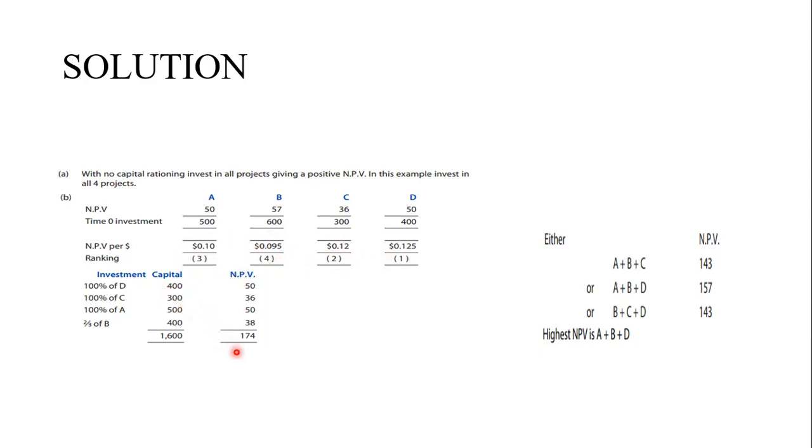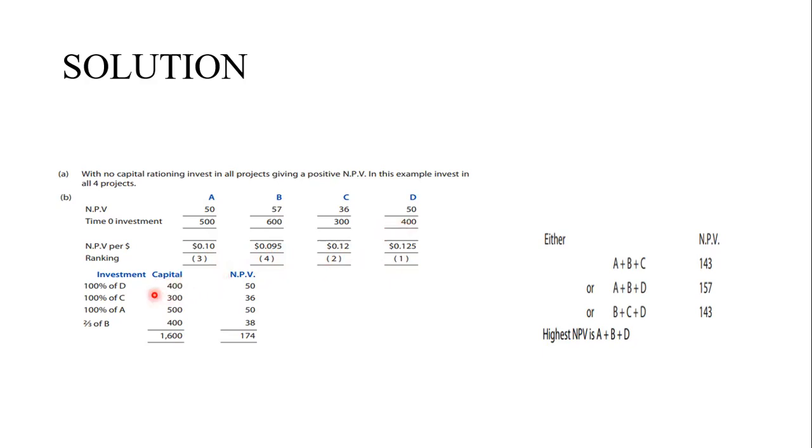And then remember, we have only 1,600. So what it means is that we are going to take from the 1,600 and invest in this order: D, C, and A. And then whatever is left, we prorate for B. So for D, we invest the full $400.